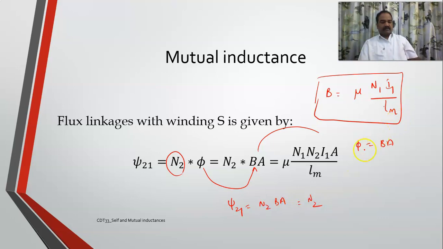N2 B is this one, mu N1 I1 by Lm, into A, the area of cross section. So we'll get mu N1 into I1 A by Lm.